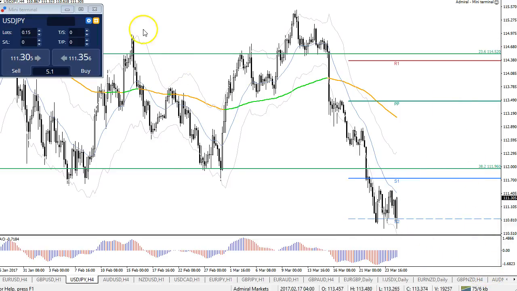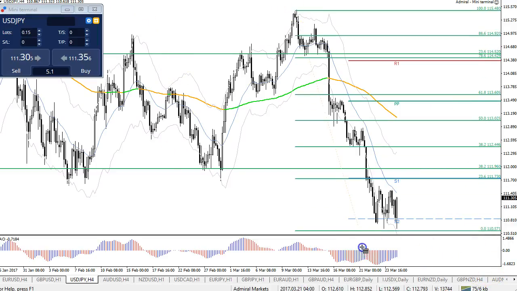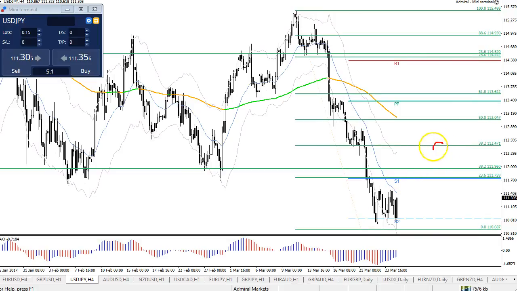So somewhere, if I put a fib from here to here, somewhere around this 38.2 fib at 112.50 and this resistance zone, max 113, I think there could be a bullish bounce up to that level, and then the bearish turnaround for that one more lower low for a turn back down, and a continuation for price to fall from 112.50/113 down to 110, and then bounce back up at 110.